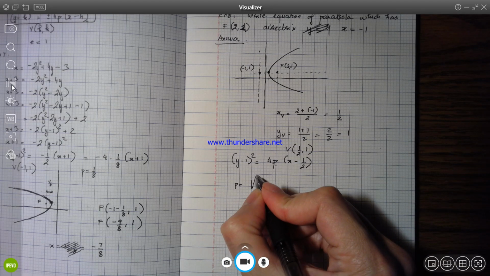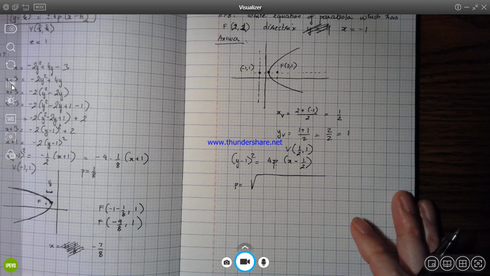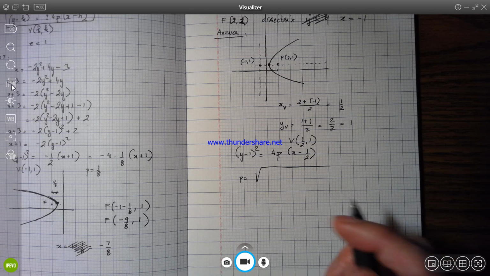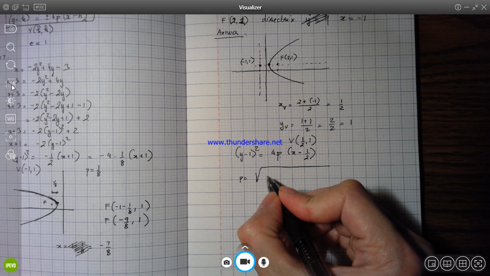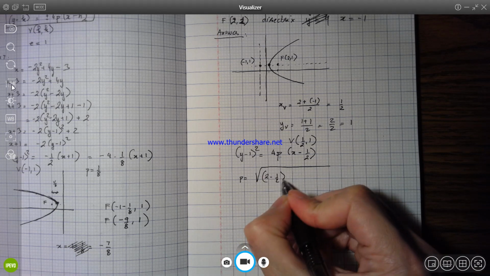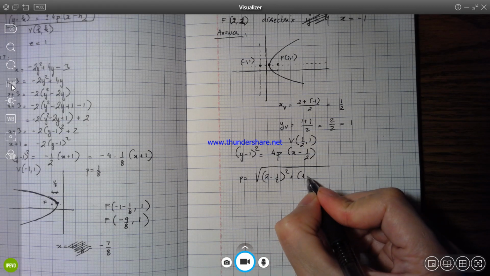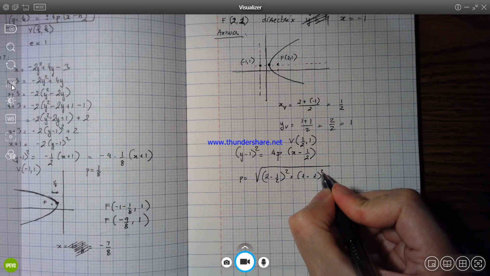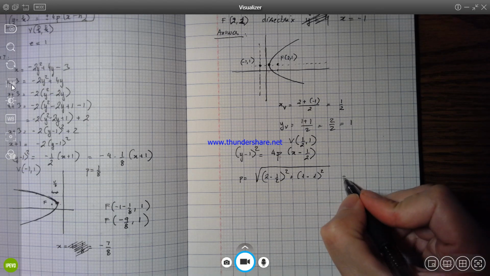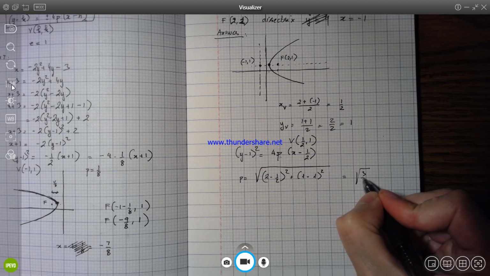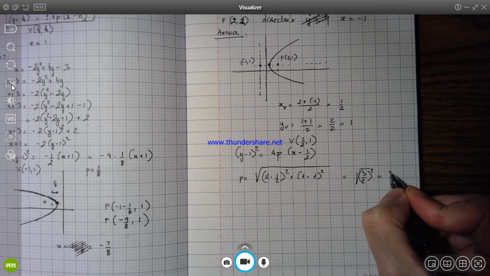Using the distance formula, it will be the square root of (xf minus xv) squared, so (2 minus 1/2) squared, plus (yf minus yv) squared, which is 0. So this gives you 3/2 squared, so just 3/2.